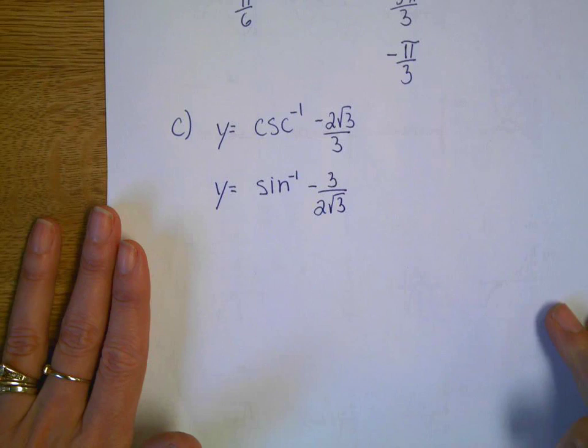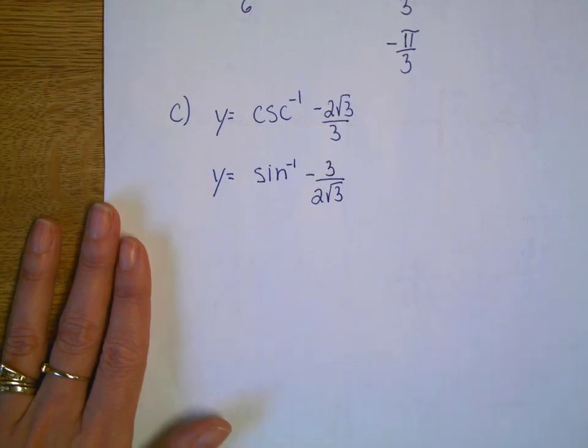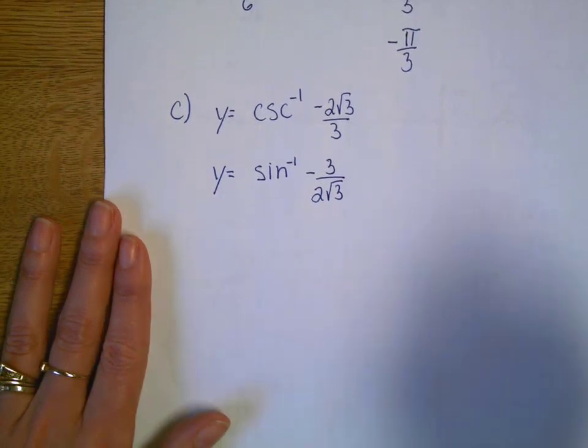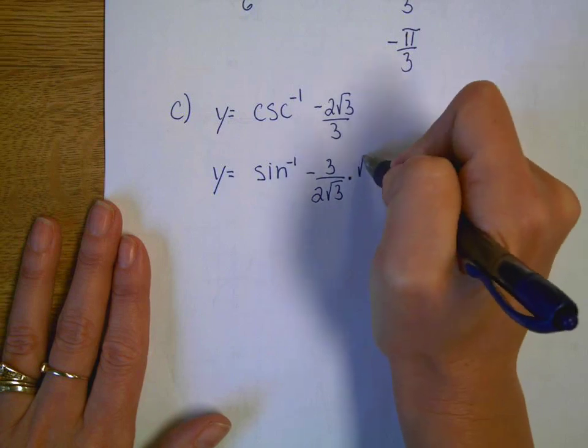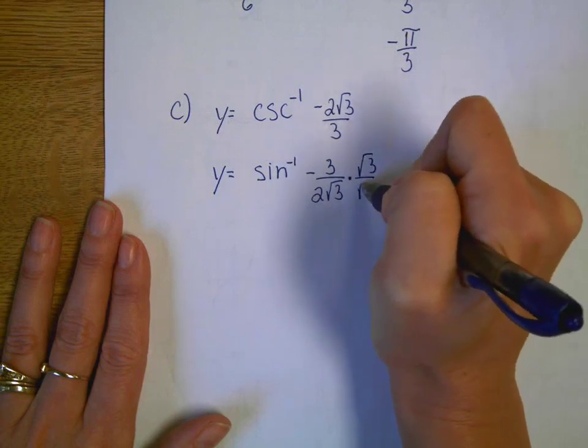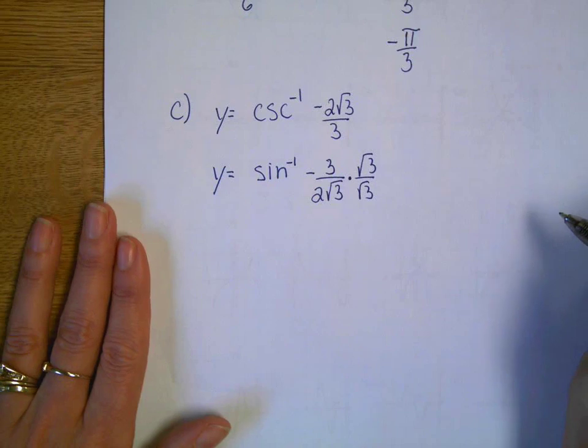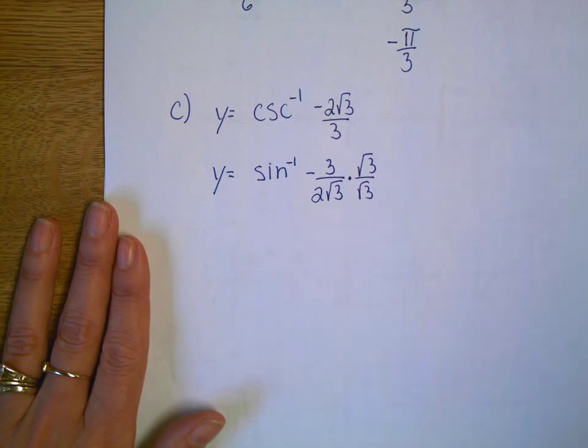Well, I'm not going to find that on there because it's not in a nice form. So if we hit it with a 1... but they're not on your sheet. We've only got sine, cosine, and tangent on your sheet.